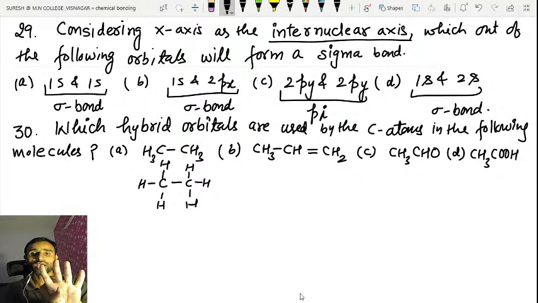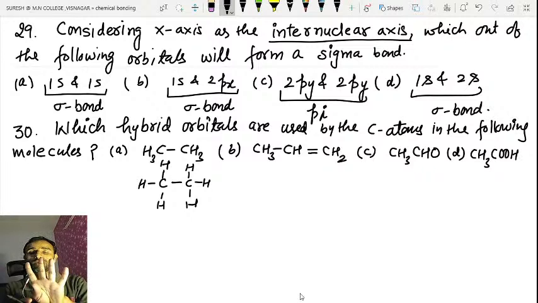When you have 4 sigma bonds, hybridization is sp3. If there is 1 pi and 3 sigma, then it is sp2. If there are only 2 sigma bonds, hybridization is sp. That's it.